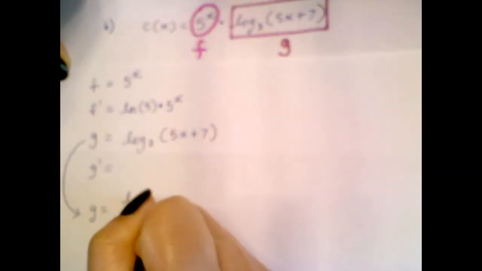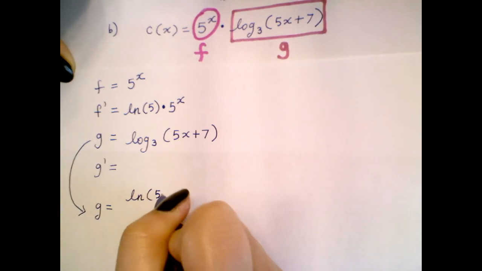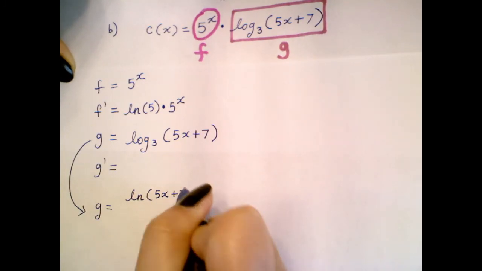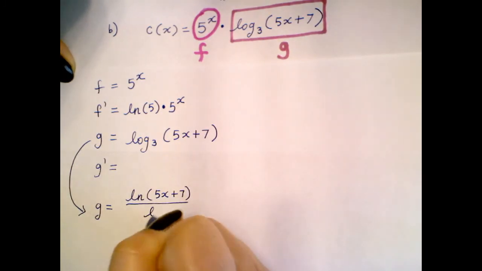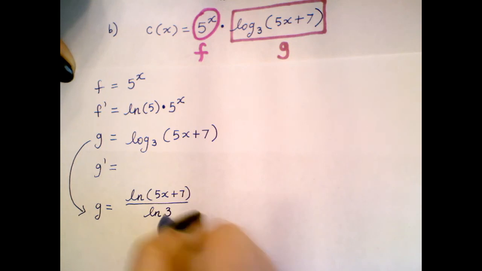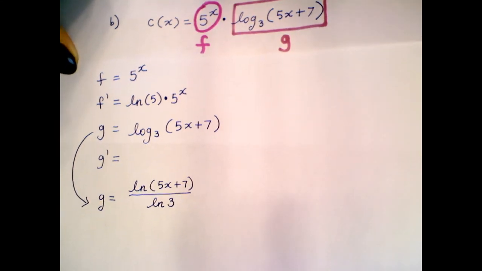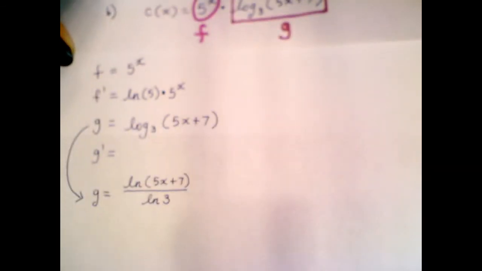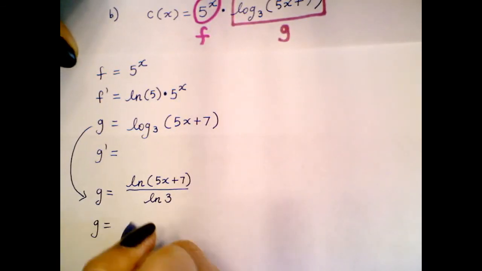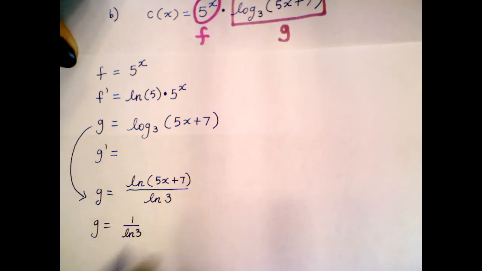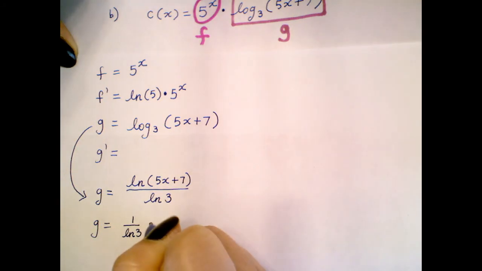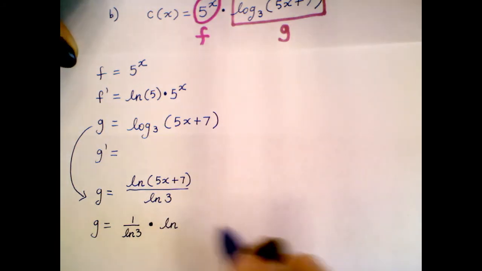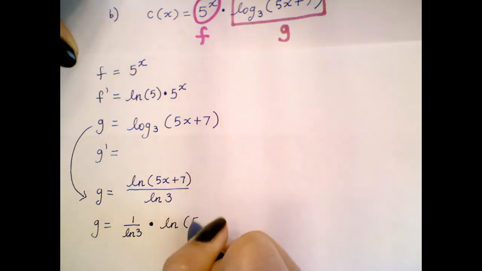So write this as natural log of 5x plus 7 over natural log of 3. Right? We can do that. And then I can pull out that natural log of 3 in the denominator as 1 over natural log of 3. And then the second part, ln of 5x plus 7.